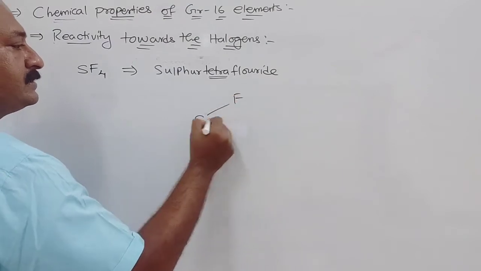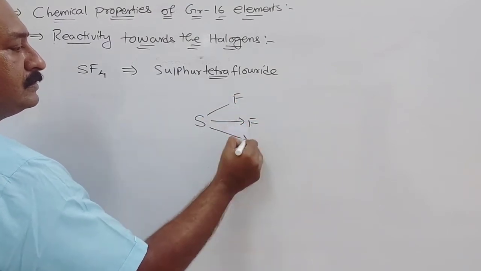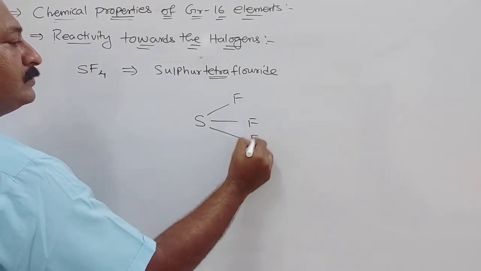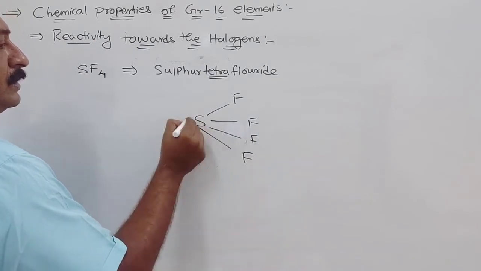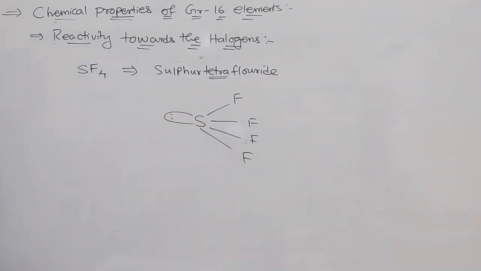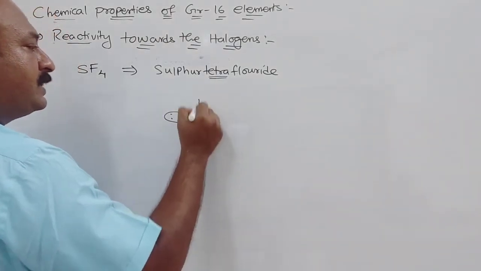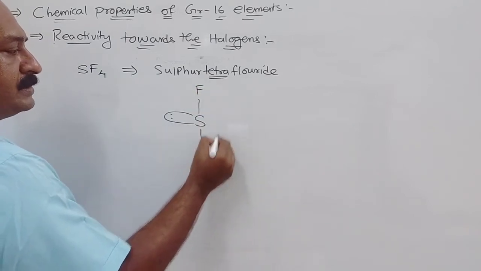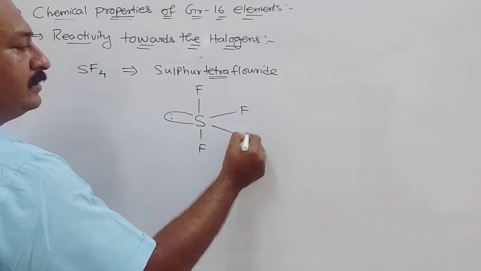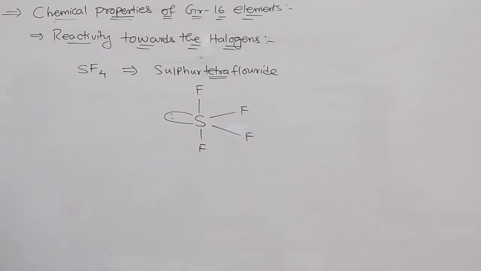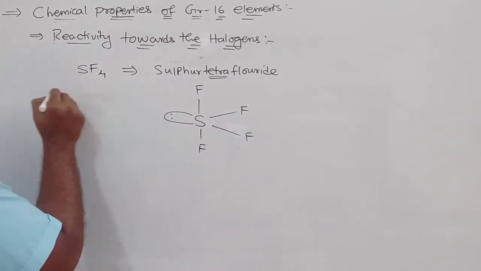The structure is like this. For convenience you can write 2 fluorines here, and 1 fluorine here, and 1 fluorine here. So SF4 has a seesaw structure.